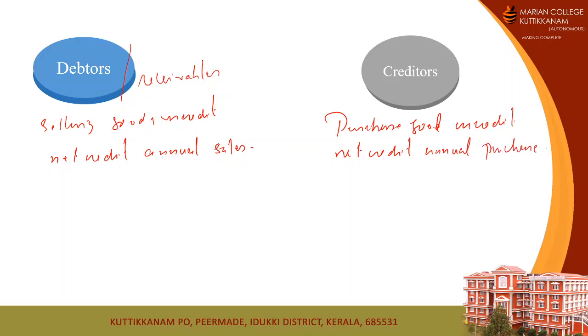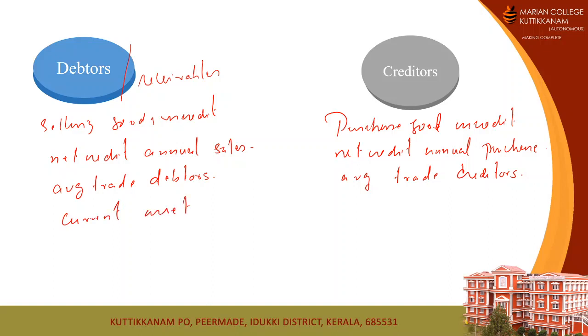In debtors turnover ratio, we take average trade debtors as denominator, and when it comes to creditors turnover ratio, we take average trade creditors. And we know that debtors form a part of current assets, while creditors form a part of current liabilities.